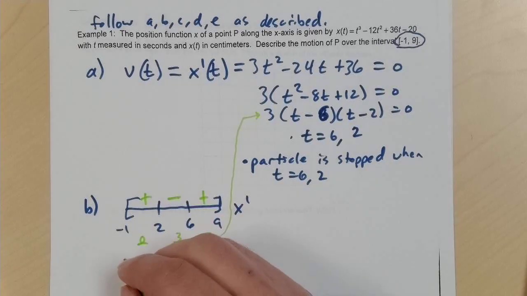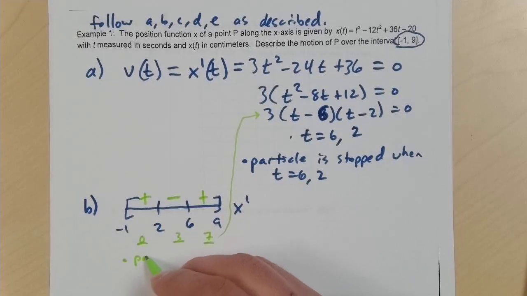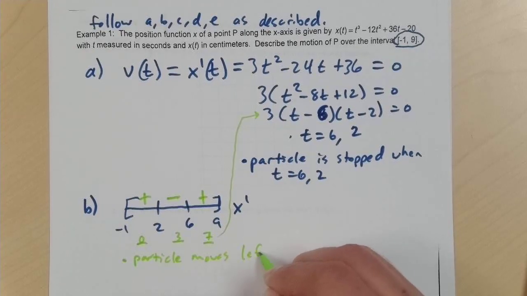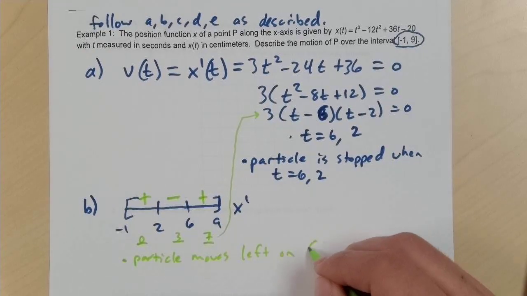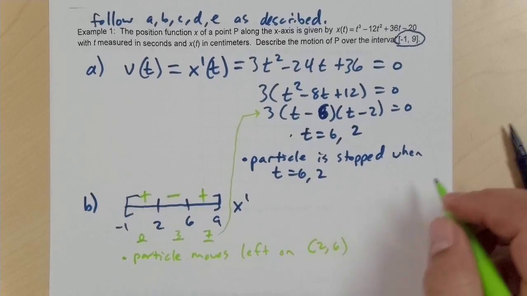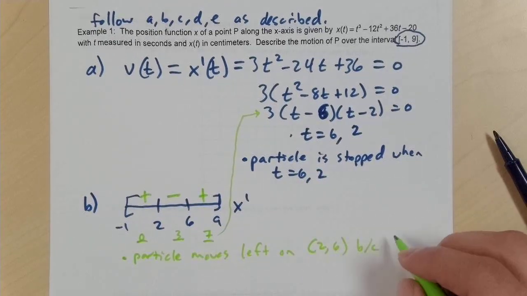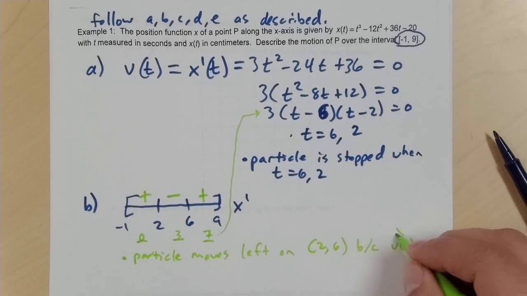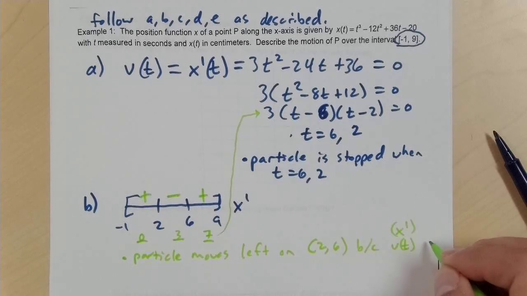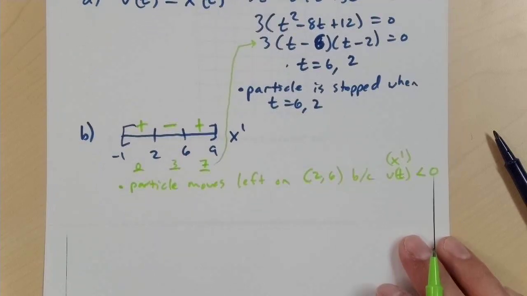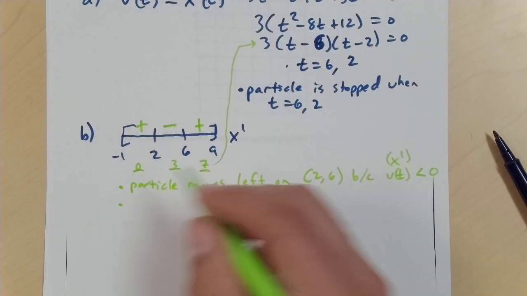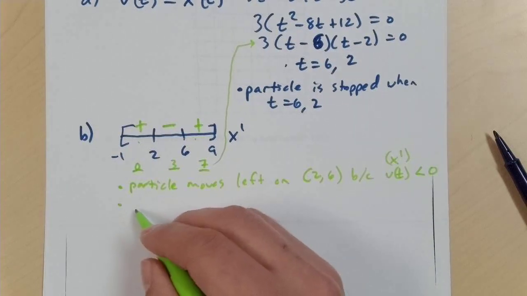Now we can say that the particle moves left on the interval from 2 to 6, and that's because the velocity, or x prime, is negative. And on the other two intervals, we're moving right.